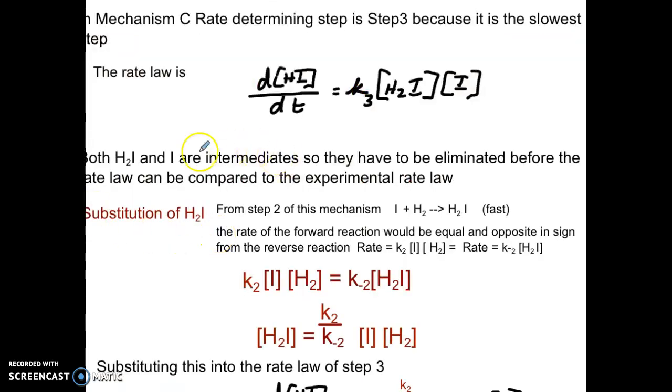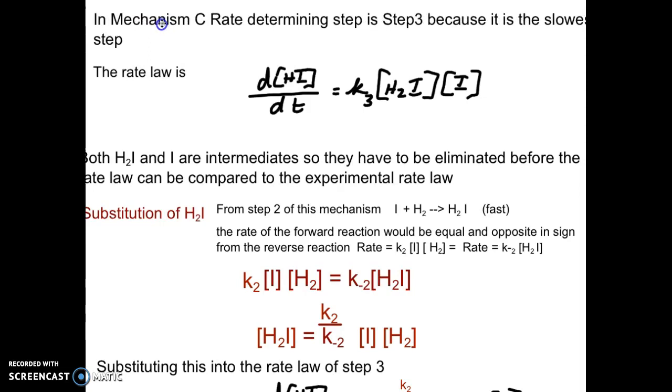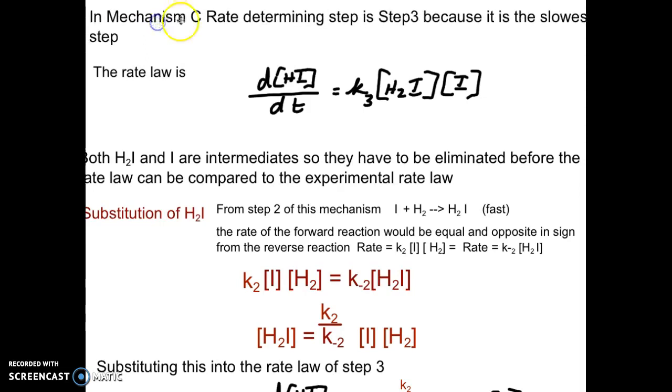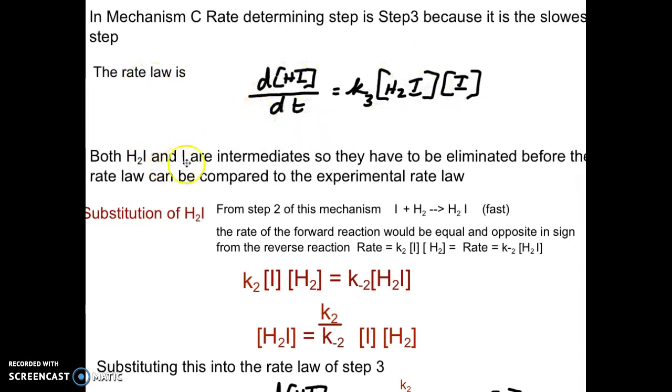So in mechanism C, the rate determining step is step 3 because it's the slowest step. And here I've written the rate law. Both H2I and I are intermediates, so they have to be eliminated before the rate law can be compared to the experimental rate law.